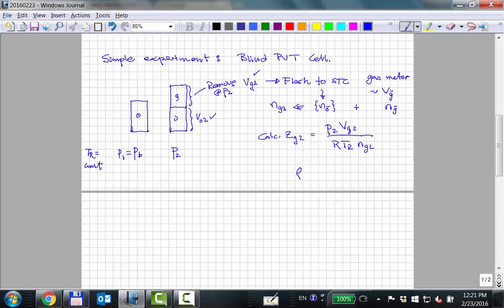And of course, from the Z factor, we basically can calculate the density, which is just the pressure times the molecular weight of the gas over the R, T, and Z term. So the molecular weight of the gas would come from either the measurement of its composition or the measurement of its specific gravity or directly molecular weight measurement.